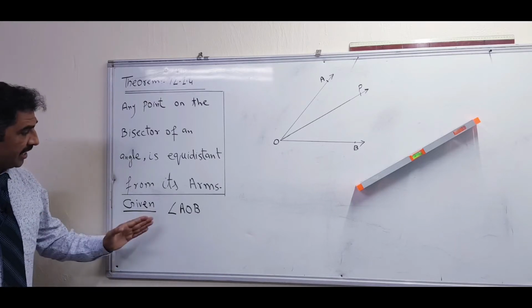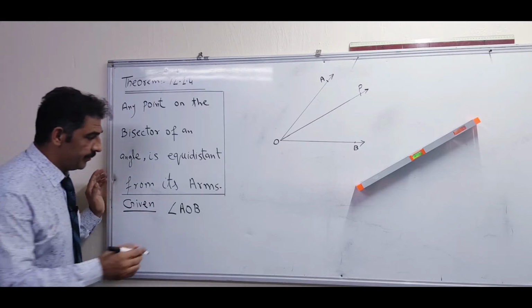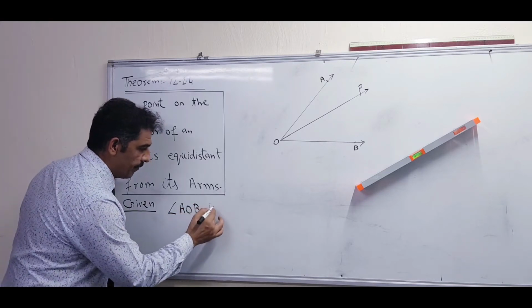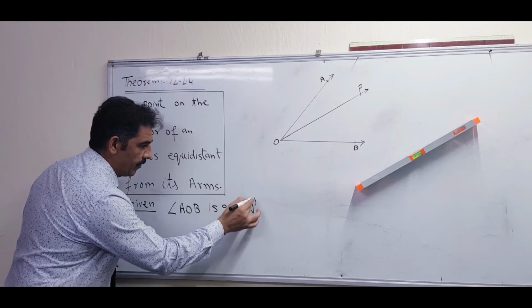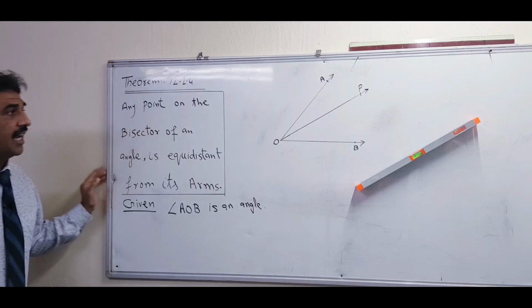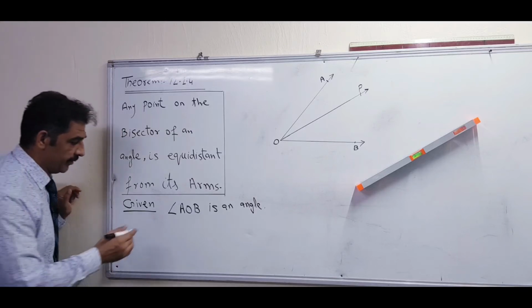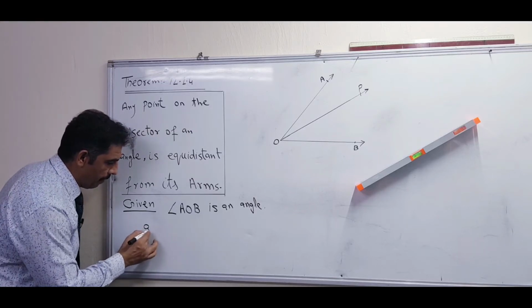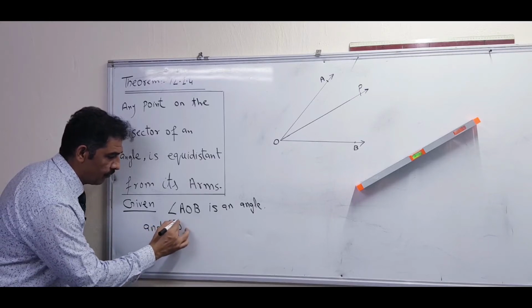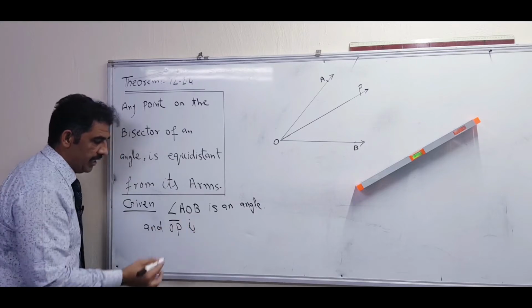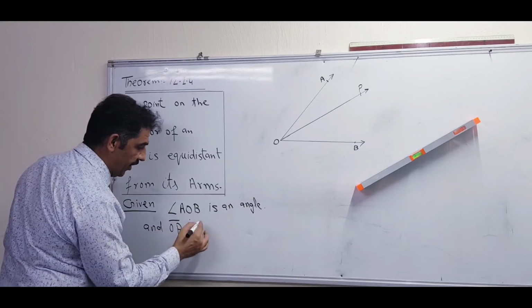First of all, what we did is that AOB is an angle, and OP is the angle bisector of AOB.